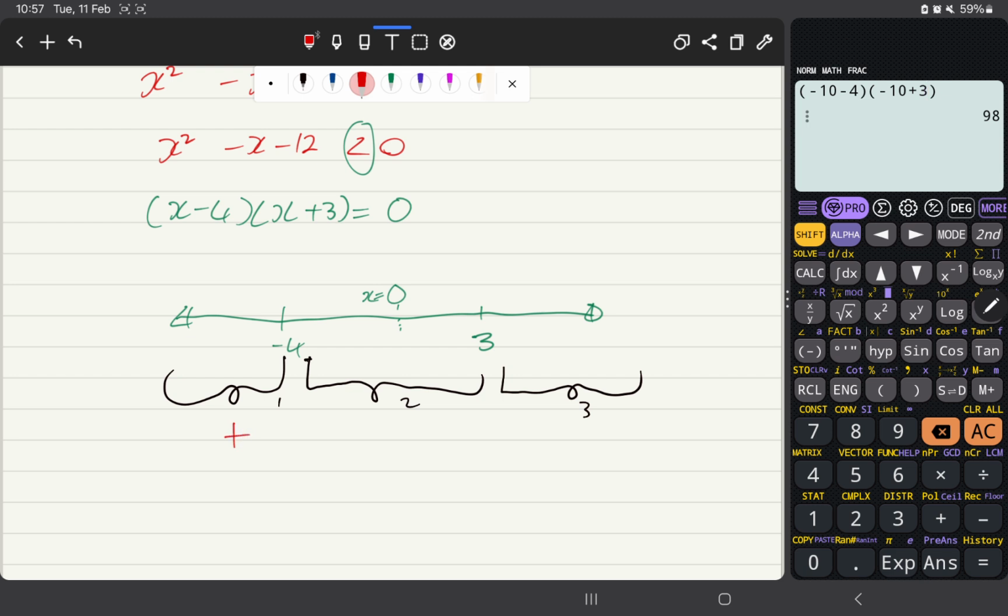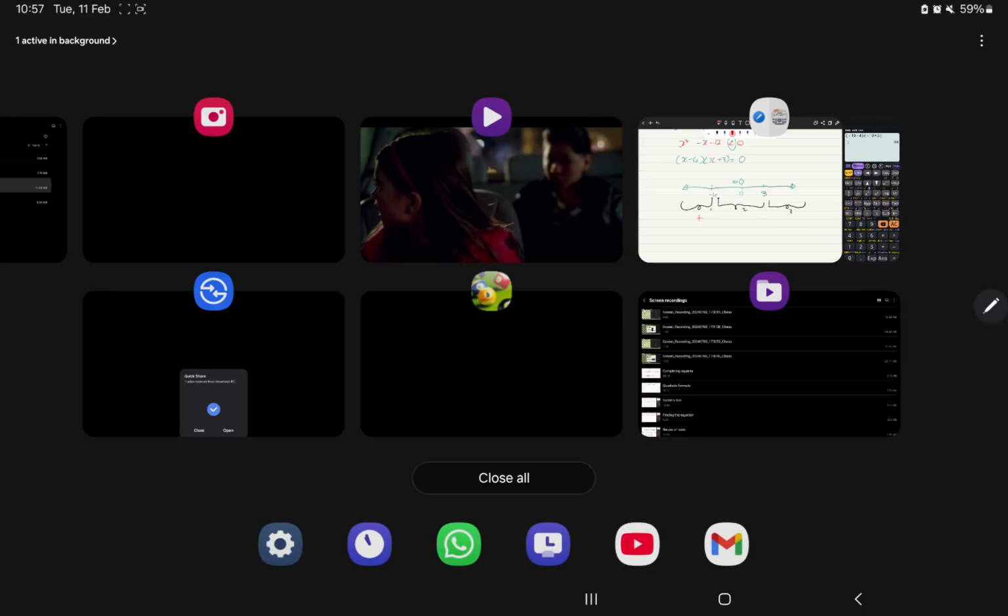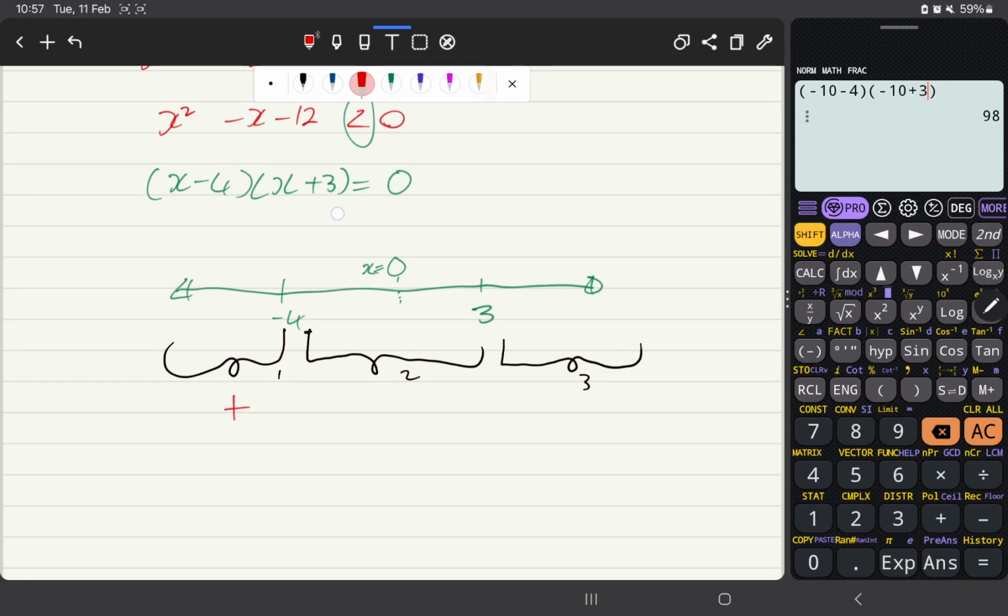What does that say? It says any value that is below minus 4, and you substitute it in this expression right here, you're going to get a positive value.